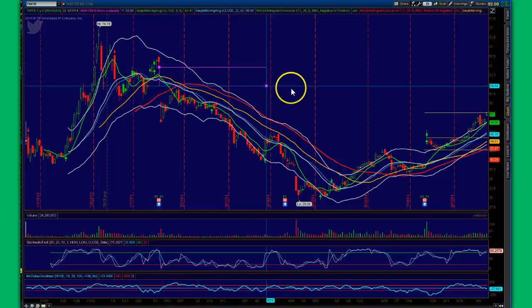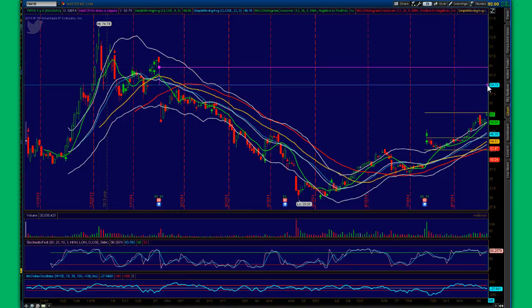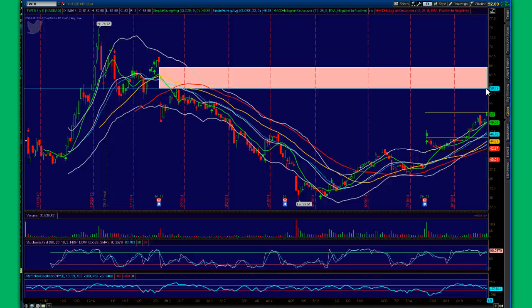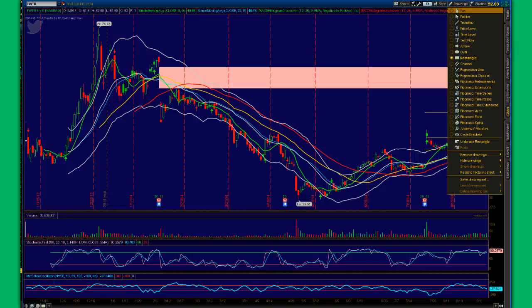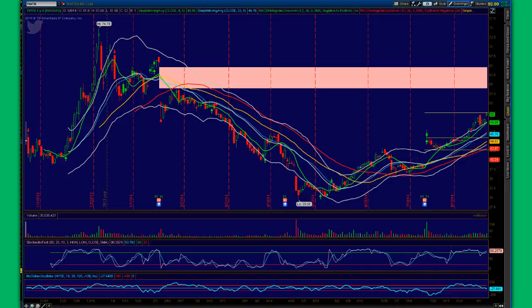This is a very large gap, and if Twitter continues with this type of momentum and product launches with their buy buttons and all that stuff, I see absolutely no reason why this stock, after consolidating here or not consolidating, doesn't go straight into the gap. That's $60 to $65. At this point, it's very likely it's going to do that because this is certainly in the acceleration phase, even though it is overbought.